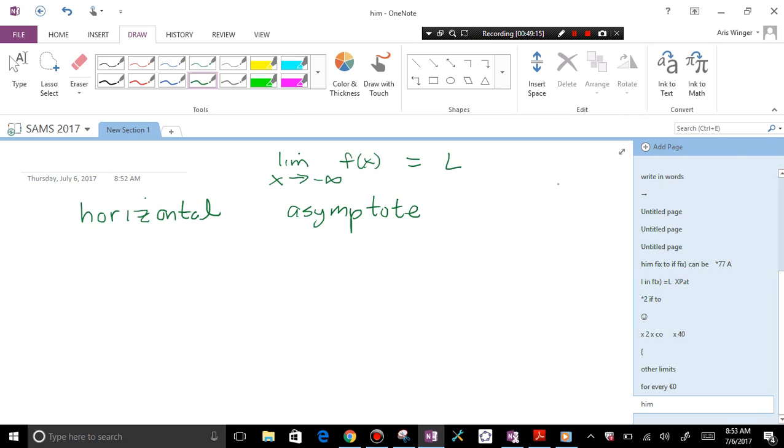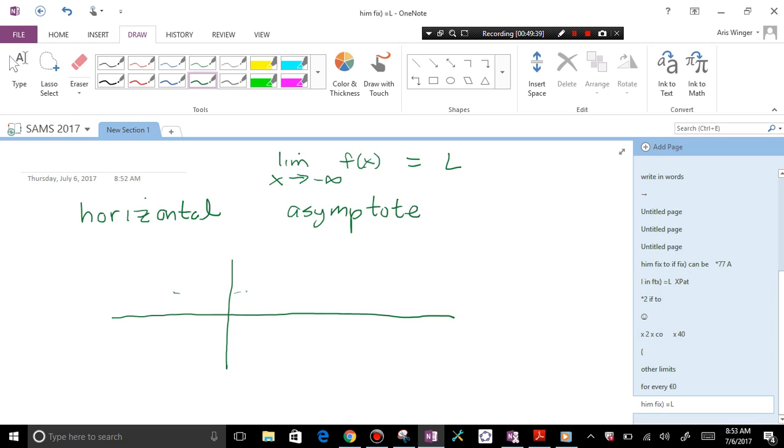Wouldn't the definition be different? Because at least I think you can cross the asymptote. Oh, sure, you can. There's nothing in the definition that I'm about to give, which I have not given yet, that says that you can't cross it.